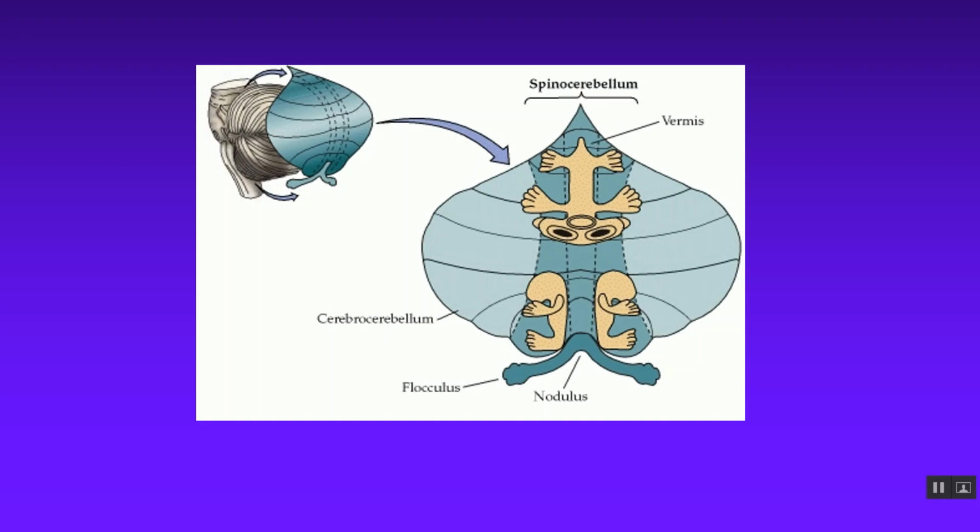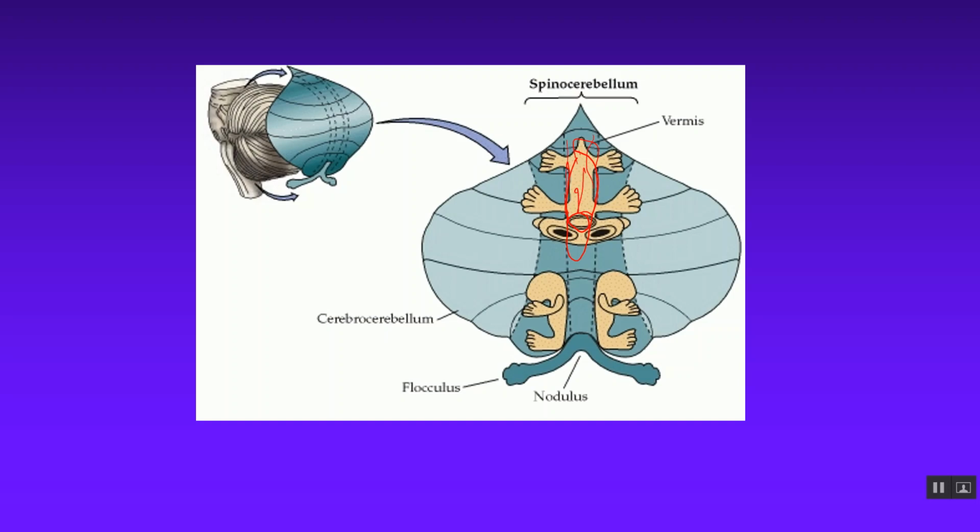There's a kind of somatotopic arrangement of your body. If you look at the surface of the cerebellum, you're laid out like this. In the center, in the vermal region, here's your mouth, and here's your spine.